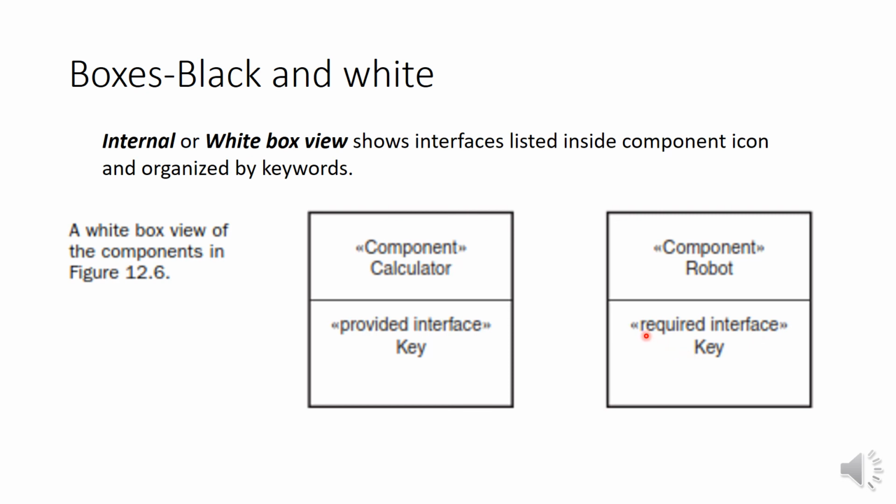You can mention the provided and required interface of each component in the same rectangular box. Like if this component has some provided interface, you can mention it here, like with the stereotype provided interface and the name of the interface.